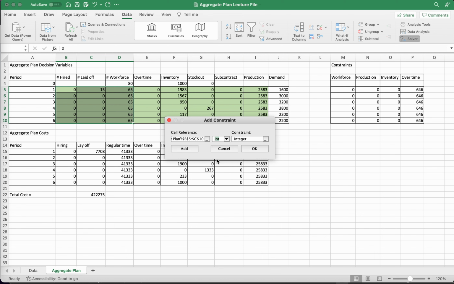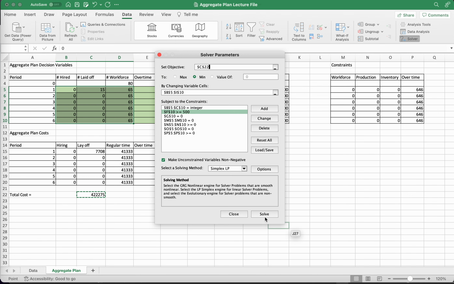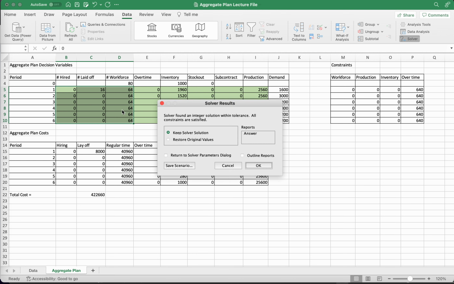Remember, we did binary when we were doing capacitated facility location models, but here we're saying integers. By integers, we mean that they have to be whole numbers, counting numbers basically. They cannot have any decimal places. So by adding this extra constraint, if I click on solve, you'll notice that the value is pretty close.